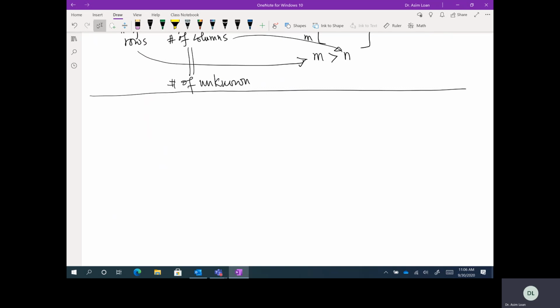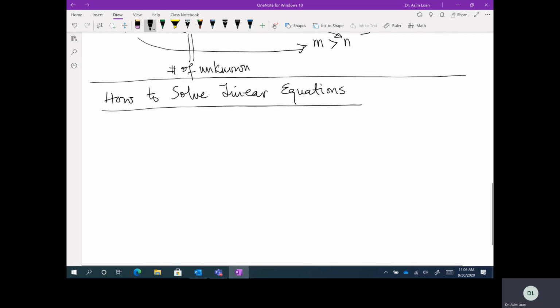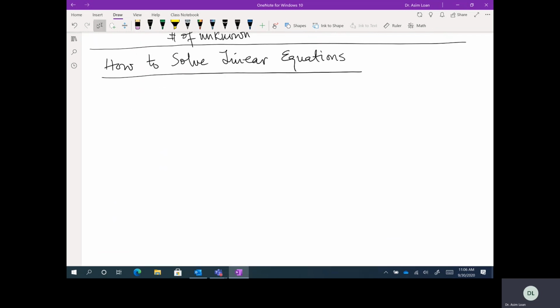Okay, so chapter 1 deals with how to solve linear equations. There are four methods to solve linear equations.